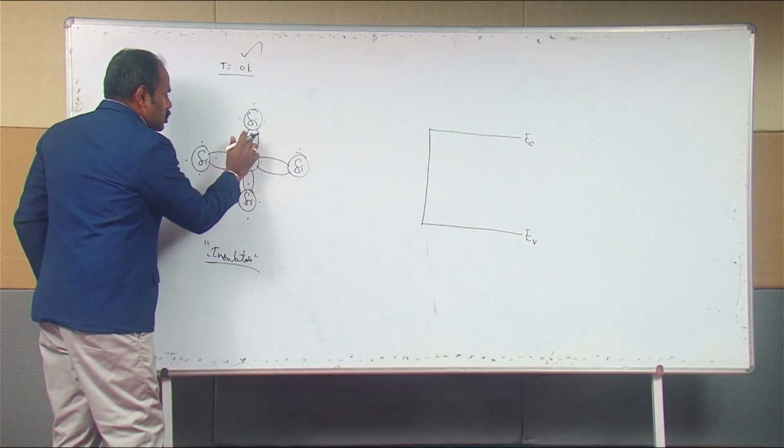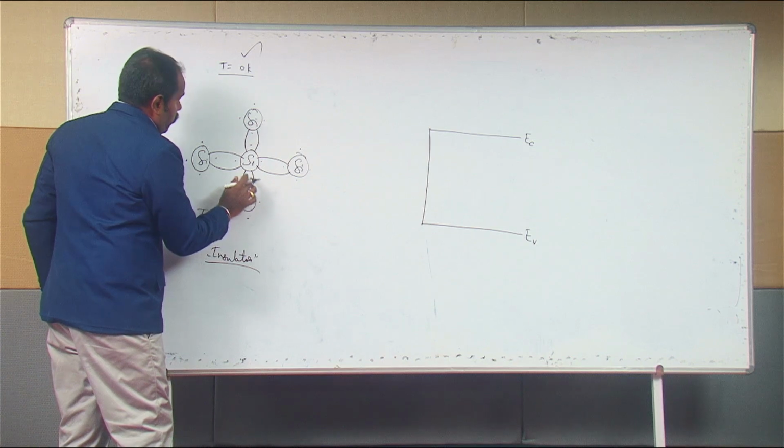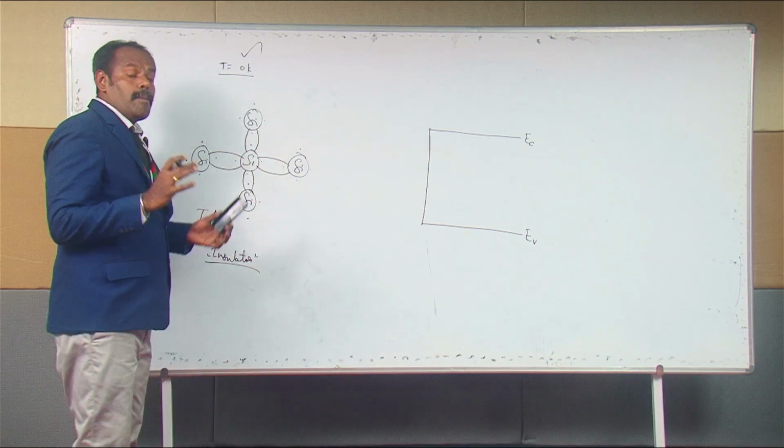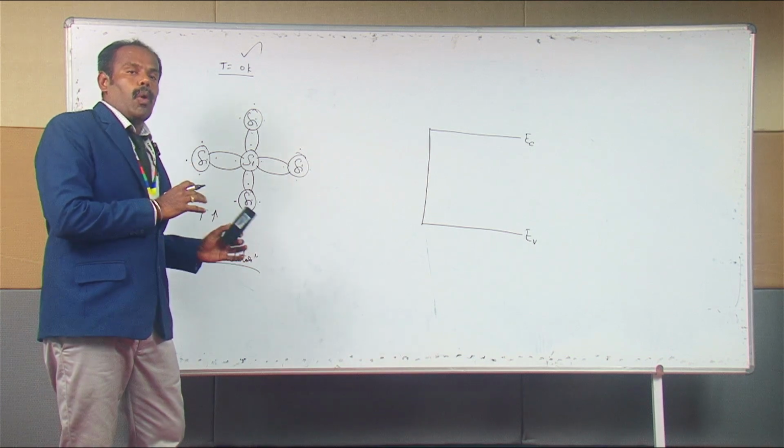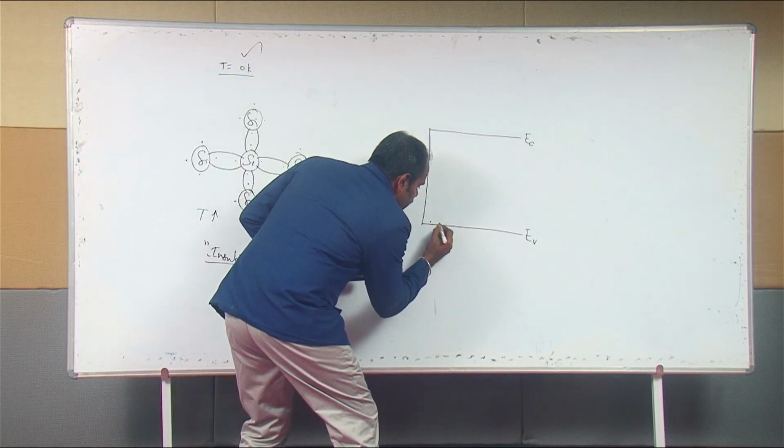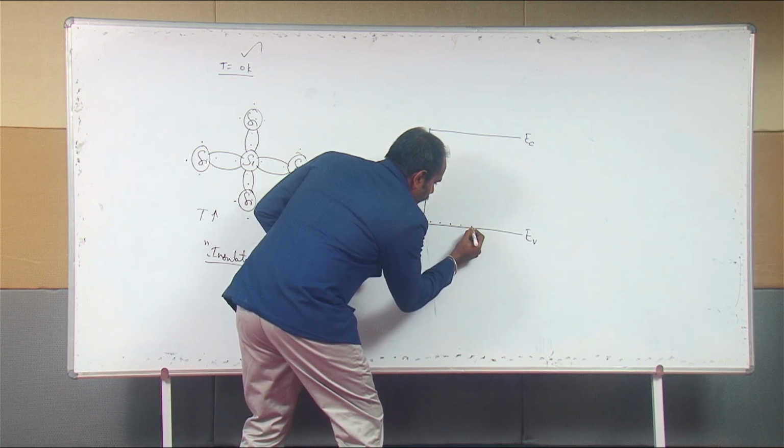Now, all these valence electrons, which are completely engaged in the formation of covalent bonds, will be residing at the valence band.